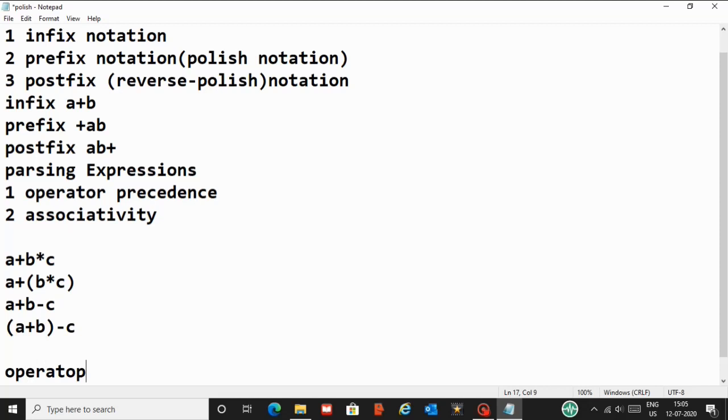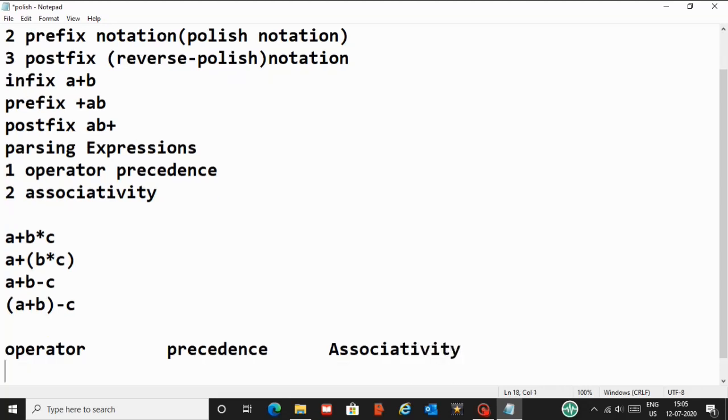Operator, the next is precedence, next is associativity. The operator is exponentiation.